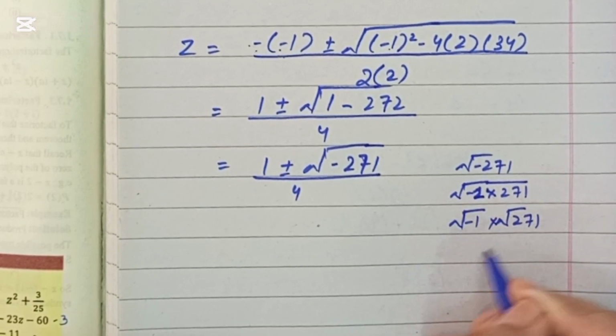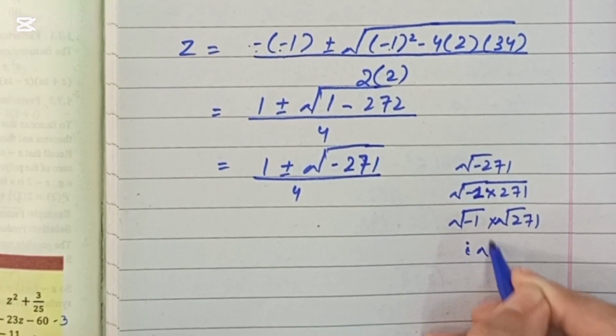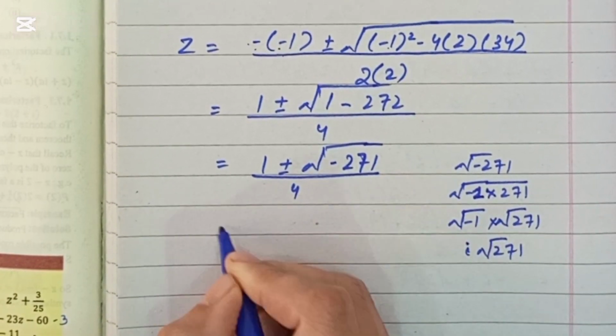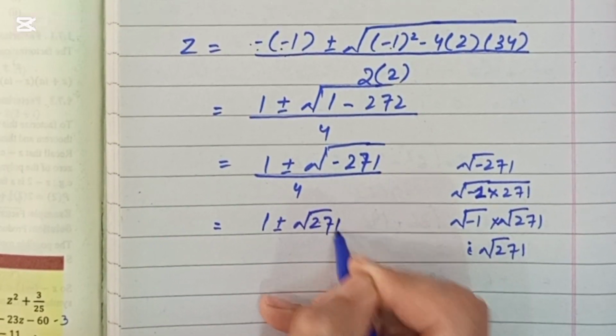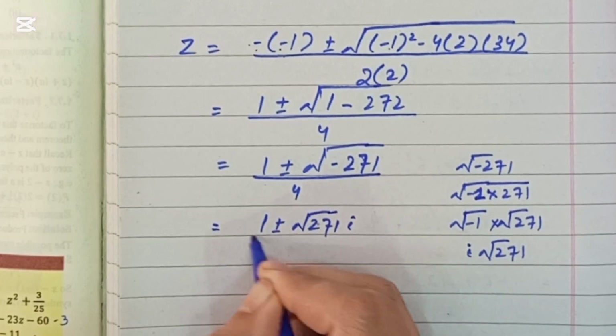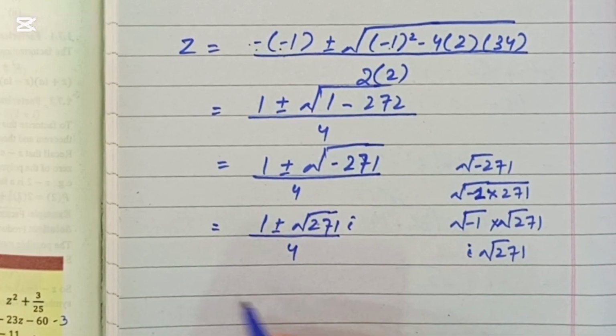And instead of square root of minus 1, we can write iota. So I will put it directly here. Square root of 271 iota divided by 4.